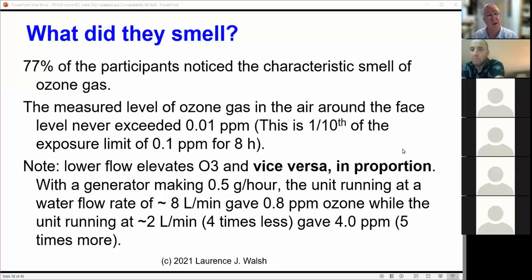If you turn the water flow down, the ozone level will go up because there's more time for the water to interact with the catalysts in the electrolysis process. If you turn the water flow rate up, there's less time for the water to interact with the electrodes, and therefore the level is going to be lower. So by adjusting the flow rate, you can actually tune the concentration. It's really as simple as that.